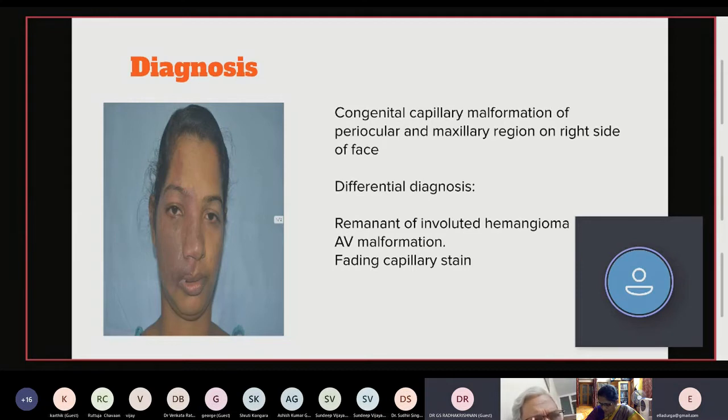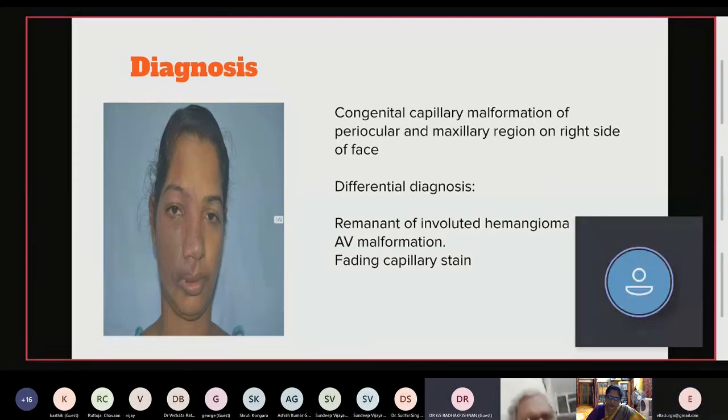And third, I would like to counsel her that if it persists, there are chances of soft tissue overgrowth and bony overgrowth after her growing period is over.